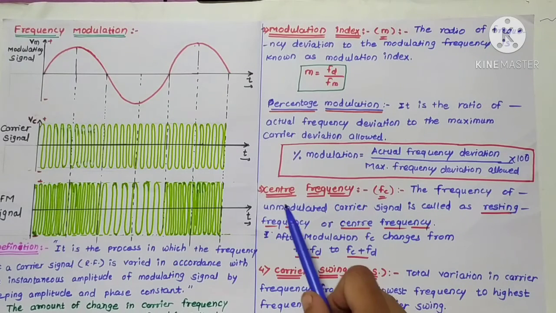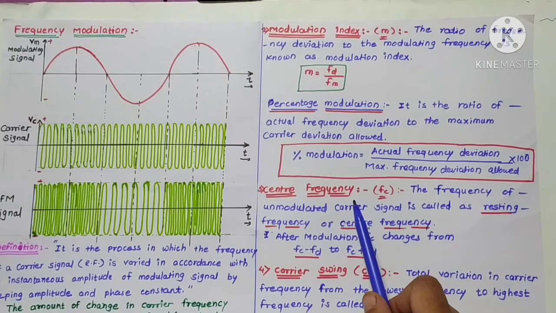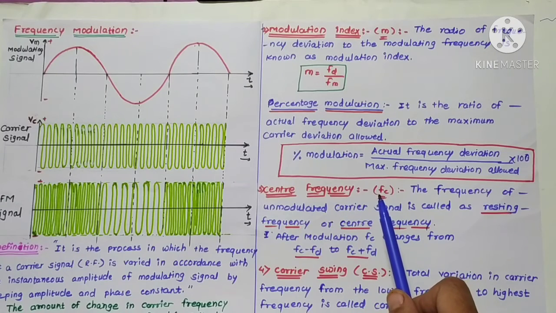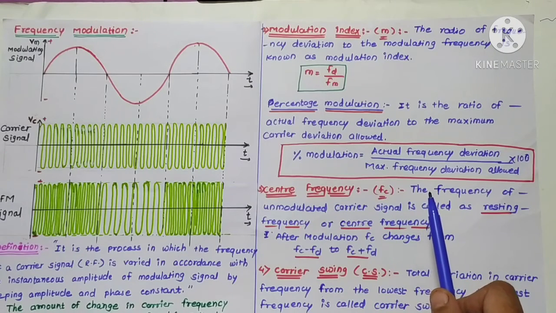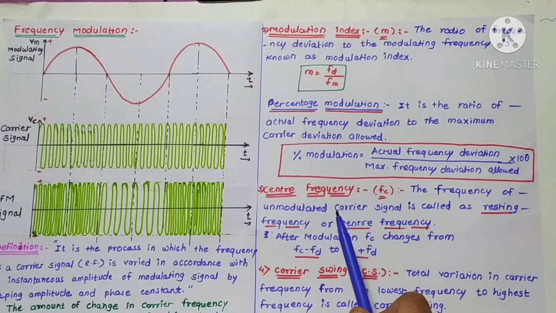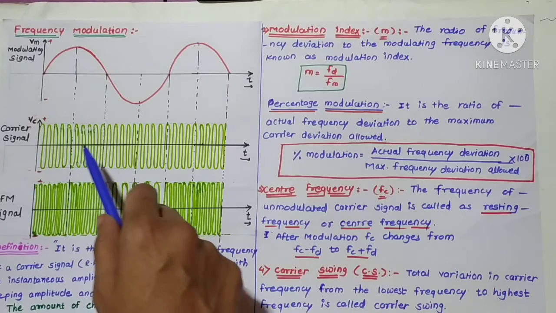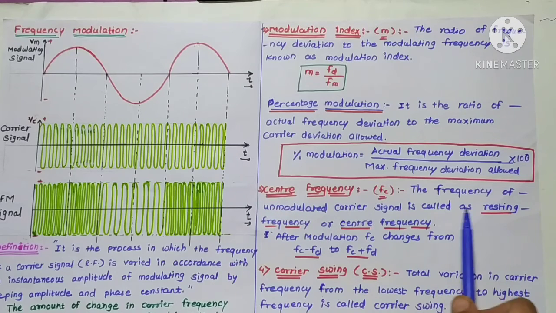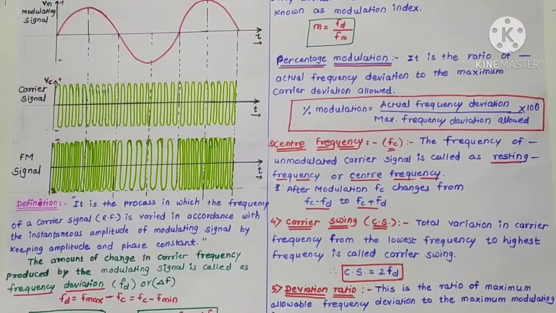Next, center frequency. This is also a most important term related to frequency modulation. It is represented with the letter Fc. The frequency of the unmodulated carrier is called the resting frequency or center frequency.